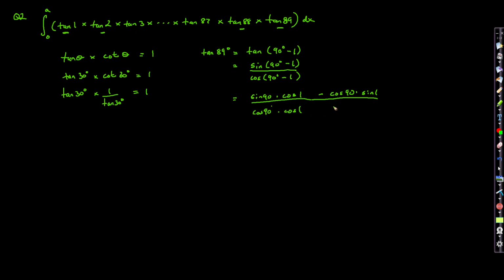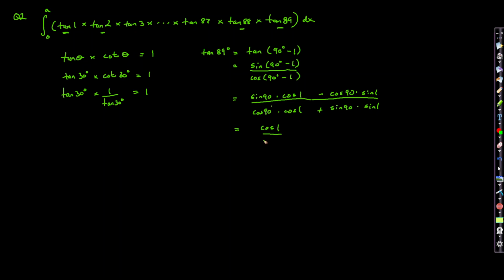I won't keep putting the degree symbol. That should be plus the sine of 90 times the sine of 1. Now, the sine of 90 is 1, the cosine of 90 is 0, so this becomes cosine 1 on top, because this part will be 0. So this part here will also be 0, and this will be sine of 1.